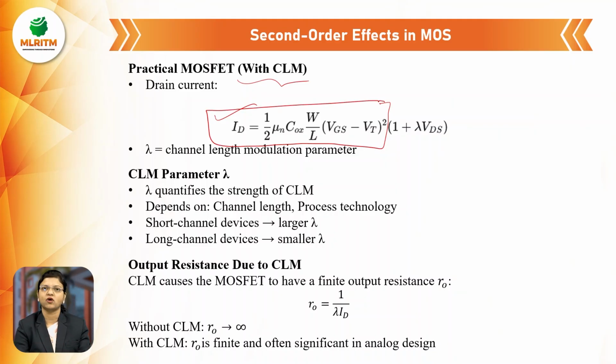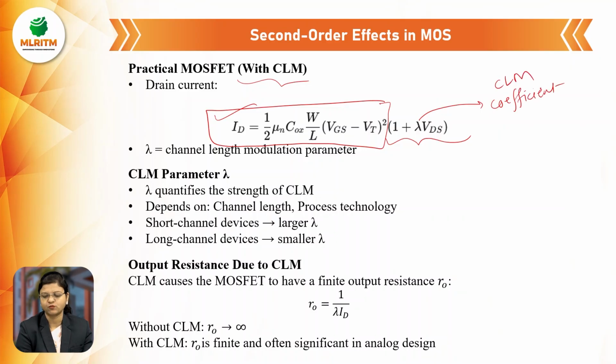This is the non-CLM case, so we have to multiply by the term 1 plus lambda VDS when we consider CLM. Here lambda is nothing but the channel length modulation coefficient or parameter.